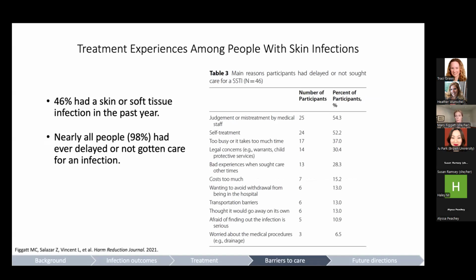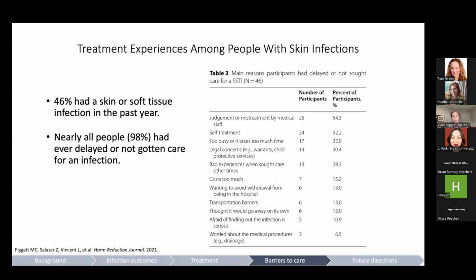When we asked people about the reasons for delaying or not getting care, it really fell into 3 different categories. One was bad experiences that they had had with the healthcare system in the past, like judgment or mistreatment by medical staff, and legal concerns when they went to access care, like warrants or involvement of child protective services.